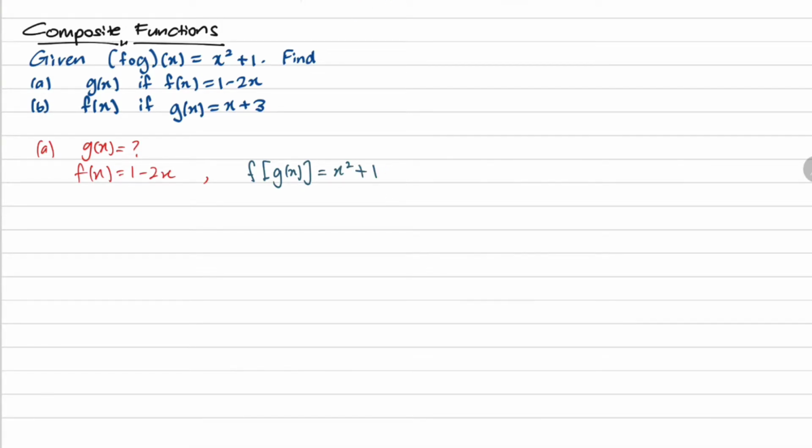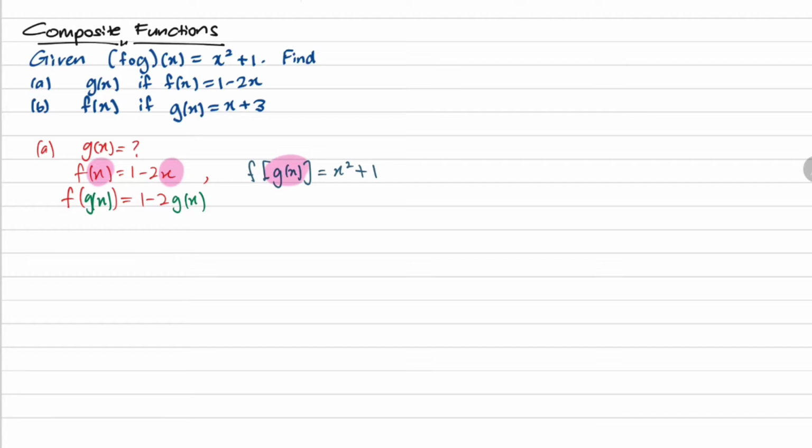For me, I think it's clearer if you look at it in this form, because this shows that gx is in the function of f, where we can also replace this x with gx. And if we replace this x with gx, that means this x must also be replaced with gx. Let's try that out.